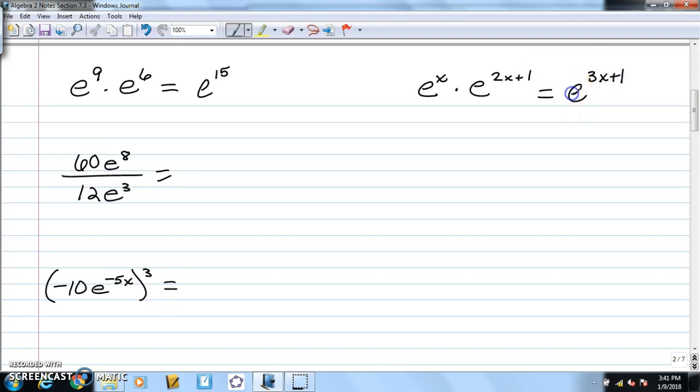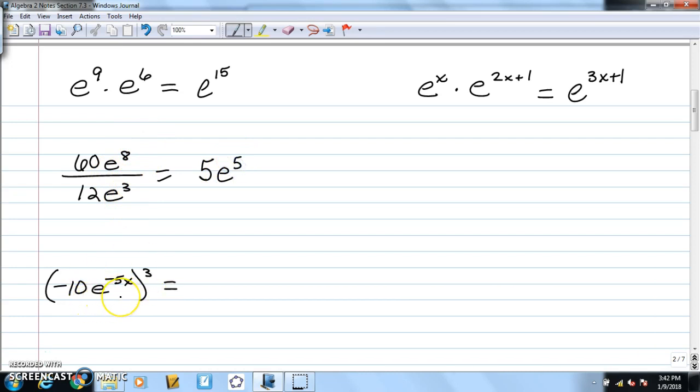Okay, so it's not any new rules of exponents. They're still the same. So here when you divide same bases, what do you do with the exponents when you divide? Well, you subtract them. Okay, we're still simplifying this the same. 60 divided by 12, that leaves a 5, right? And e to the 8th divided by e to the 3rd, we subtract those, and it's e to the 5th.